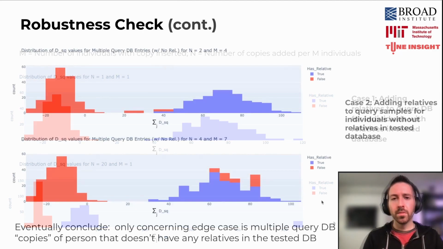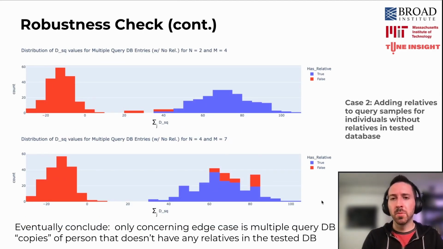After a few similar experiments in this vein, we found only one concerning edge case, when we added a few copies of query samples that didn't have any relatives in the tested database. Here we see the algorithm starts to break down from being able to perfectly separate those query samples with or without relatives in the tested database.